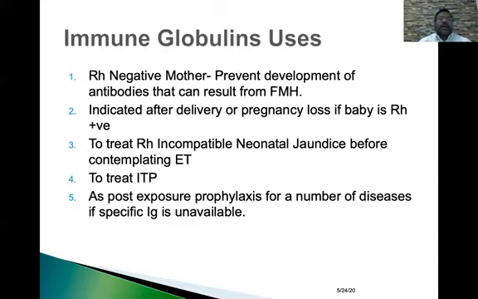To treat Rh incompatible neonatal jaundice before contemplating exchange transfusion, to treat idiopathic thrombocytopenic purpura, and as post-exposure prophylaxis for a number of diseases if specific immunoglobulin is not available. For example, hepatitis B, varicella zoster, and all that.